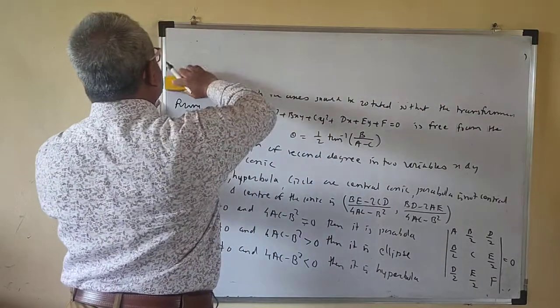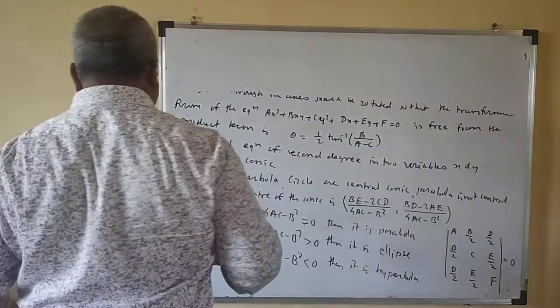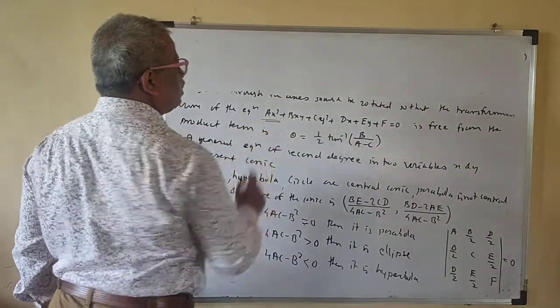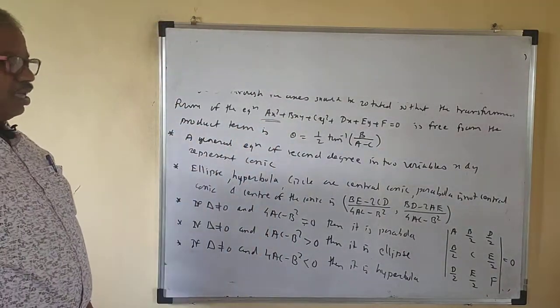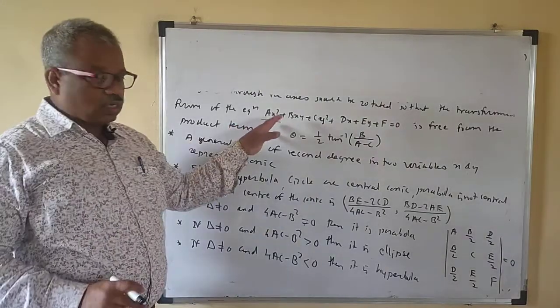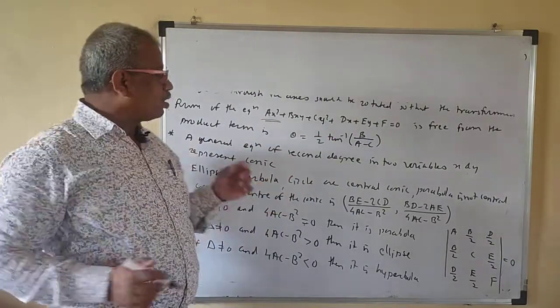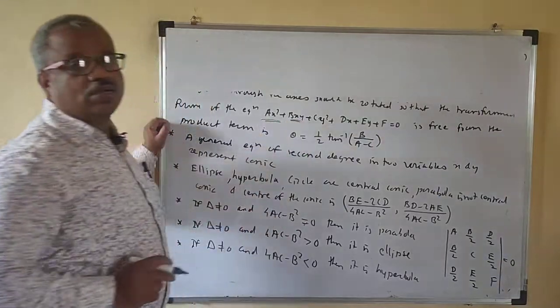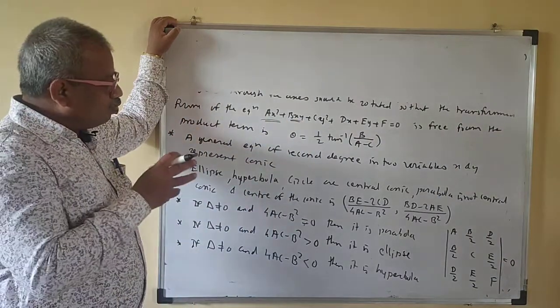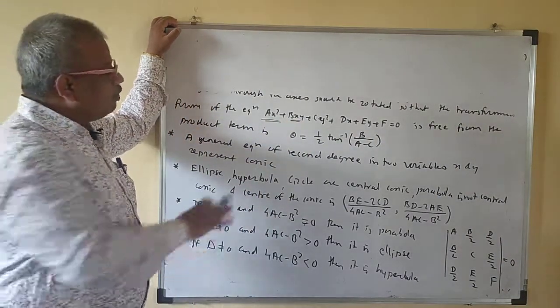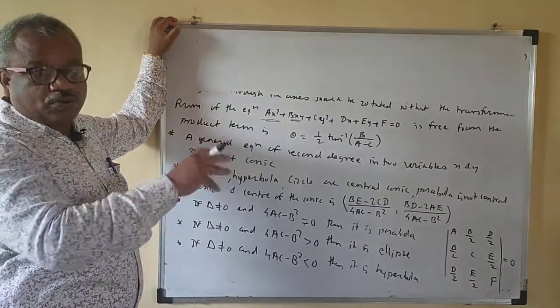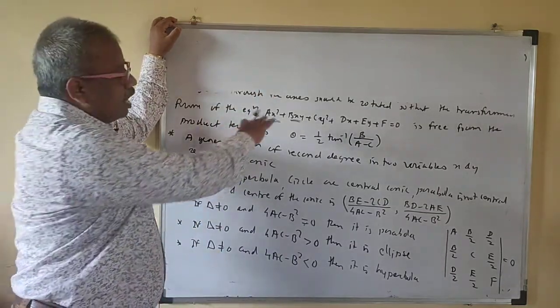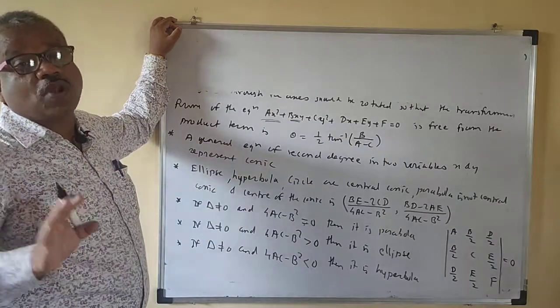Now suppose we are given this second degree equation. I want the transformed equation to be free from the product term. That means I don't want the product term. So I want to find the angle theta such that the transformed equation after rotating the frame does not contain the product term.